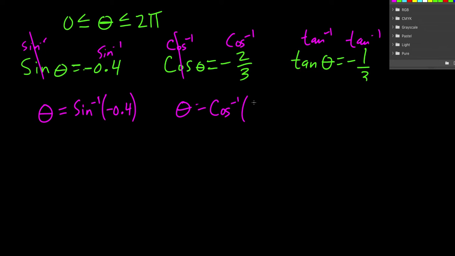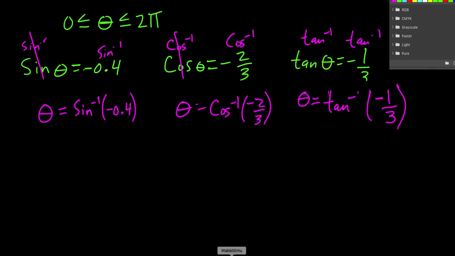Inverse cosine of negative 2/3. And then this theta is equal to inverse tangent of negative 1/3. Cool. Alright, go to our calculator.